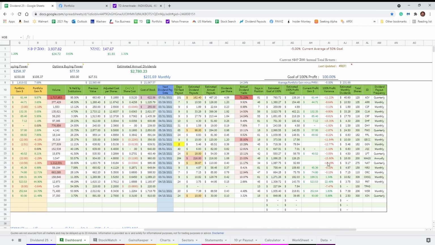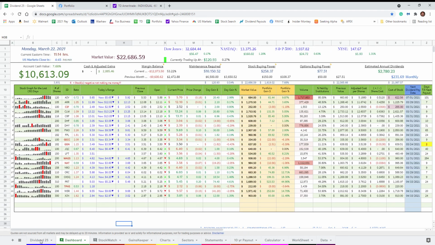Here it is. I've been in this stock for 34 days, and it's still negative. Again, I really thought it would have been doing better. It pays out quarterly. Looks like it's going to pay in 9 more days, and it's going to pay $36.67. So we'll wait and see what happens with it.